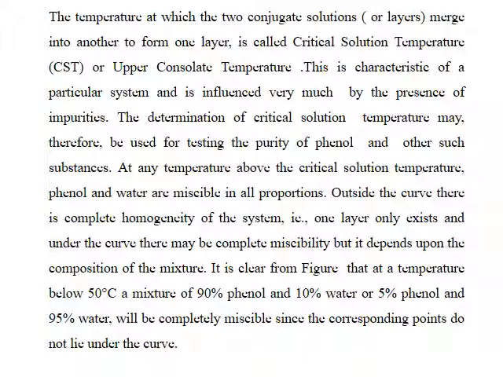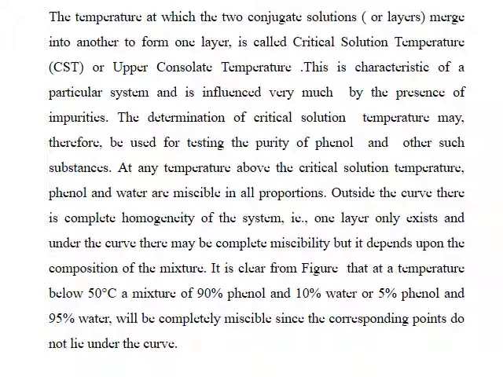Now this is a characteristic of a particular system and is influenced very much by the presence of impurities. The determination of critical solution temperature may therefore be used for testing the purity of phenol and other substances. So at any temperature above the critical temperature, phenol and water are miscible in all proportions.